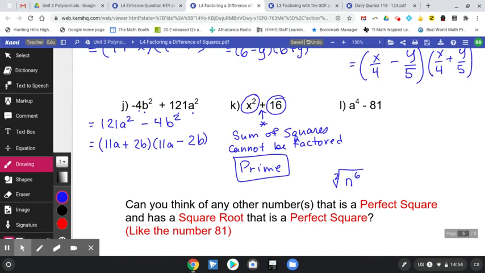If we were doing that backwards, we'd say, oh, this is n to the power of 6 over 2, which is n cubed. So it is possible to do the square root of n to the 6th and have nothing left over. But if I try to do square root of n to the 5, well, it doesn't work out.